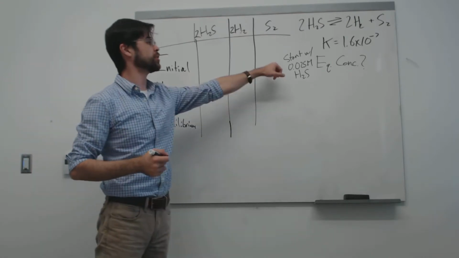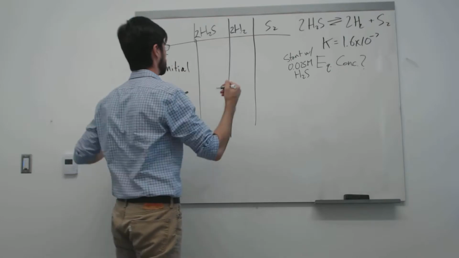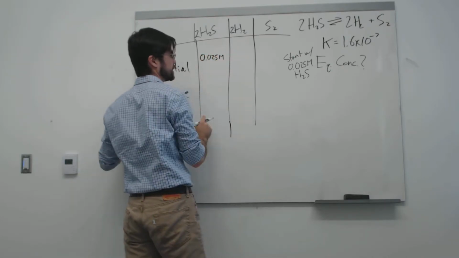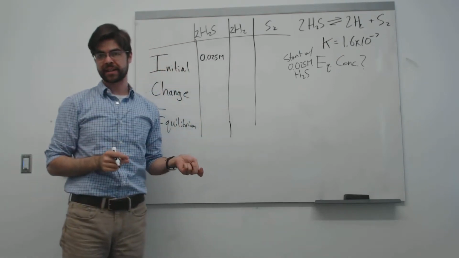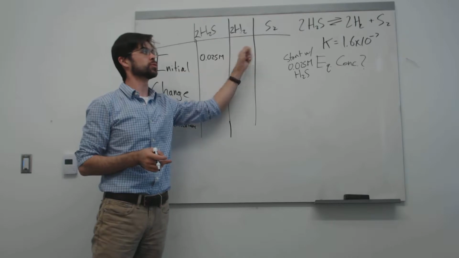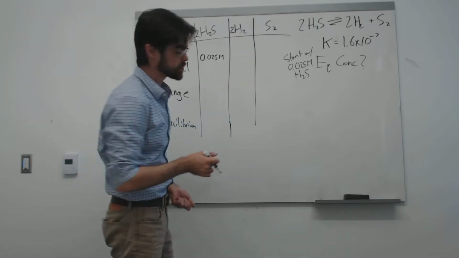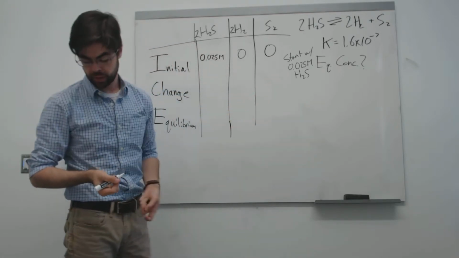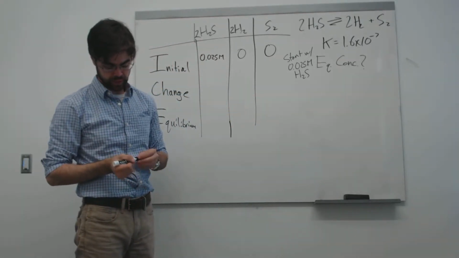What do I know? I know the initial concentration of H2S, so that's 0.025 molar. And yet again, even though the information is not given to you explicitly, implicitly, we know that the initial concentrations of my products are 0, because I'm only starting with reactant H2S.